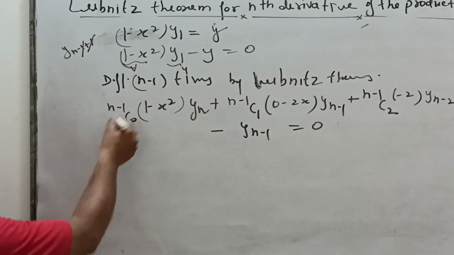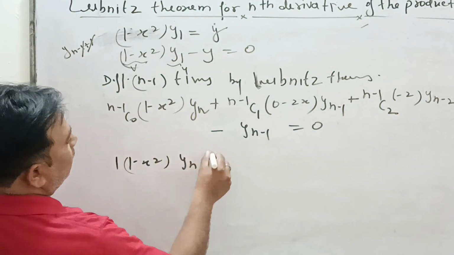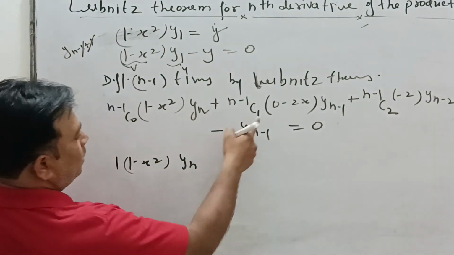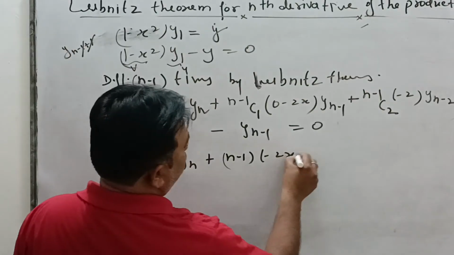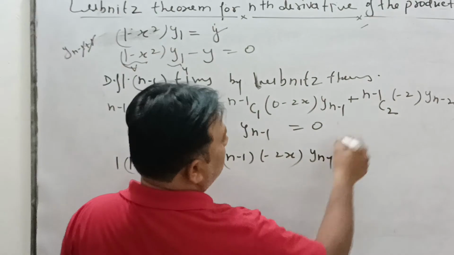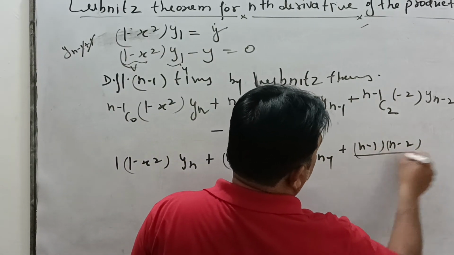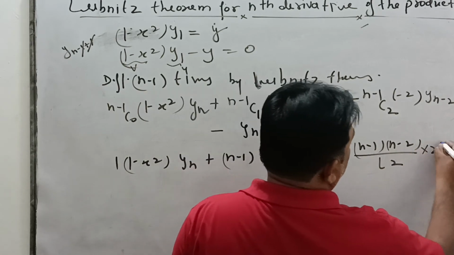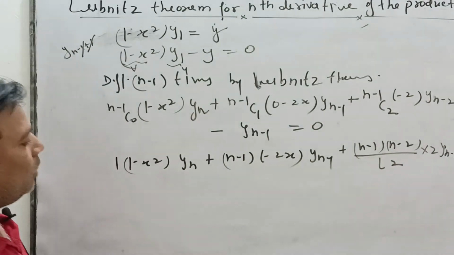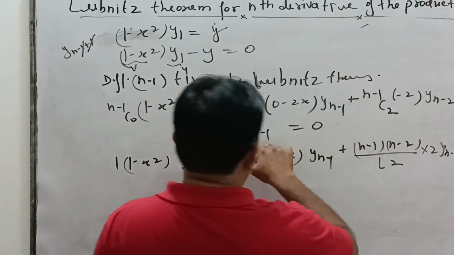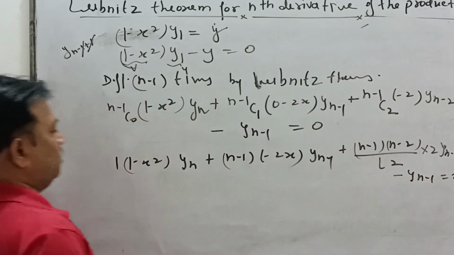This is the same procedure: 1 minus x square yn, plus n minus 1 c1 times minus 2x y n minus 1, plus n minus 1 c2 terms with n minus 1, n minus 2 upon factorial 2 into minus 2 y n minus 2. Sorry, the third term of this, minus y n minus 1, equals 0.